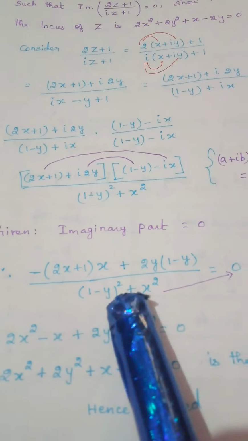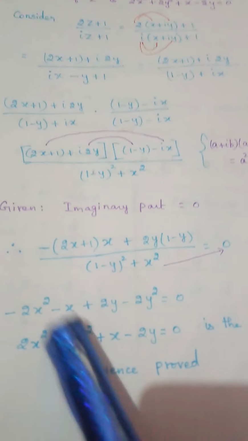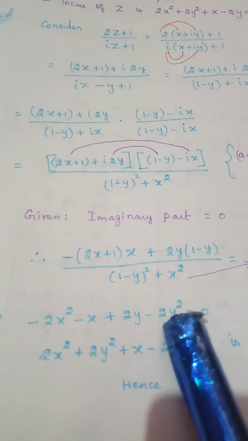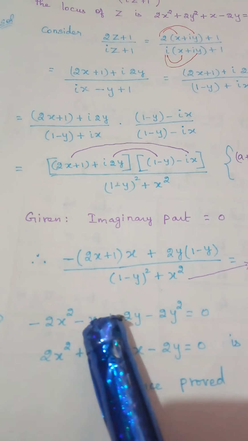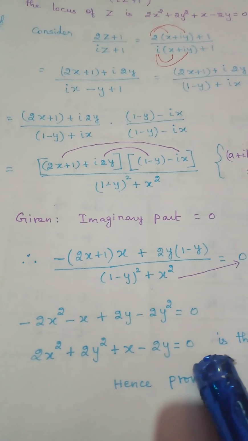Cross multiplying, so that we are getting 0. So now I am going to change the symbol for all the terms. Minus 2x square becomes plus 2x square, minus 2y square becomes plus 2y square, minus x becomes plus x, plus 2y becomes minus 2y, equal to 0.